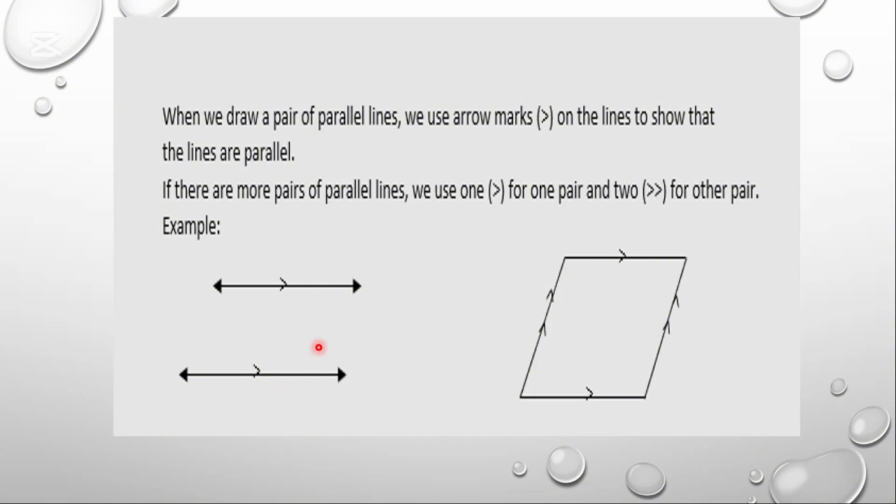If there are more pairs of parallel lines, here we have a pair and there we have a pair, then we use one arrow for one pair and two arrows for the other pair. Then we can see immediately these two lines are parallel, and those two lines are parallel.